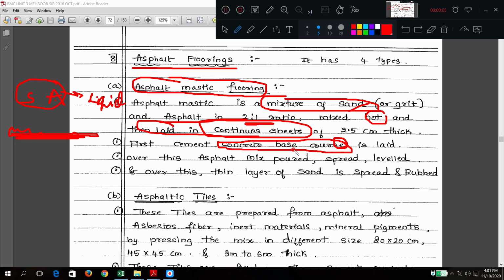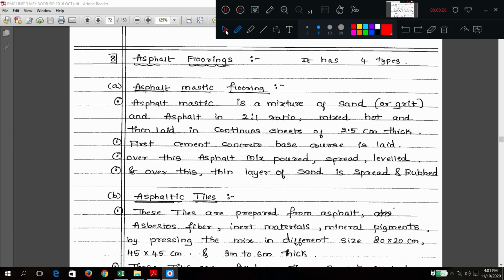So this sheet is laid over the base course. Later on, this mix is poured, spread and leveled, and over this again a thin layer of sand is also spread. So that is called asphalt mastic flooring. Okay.